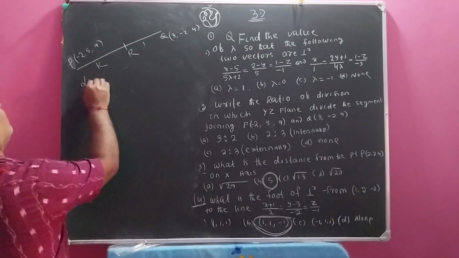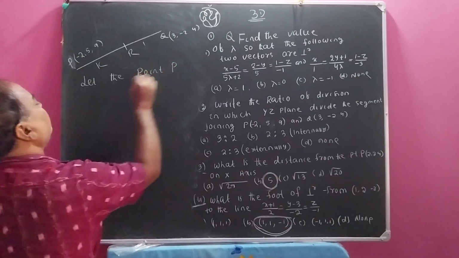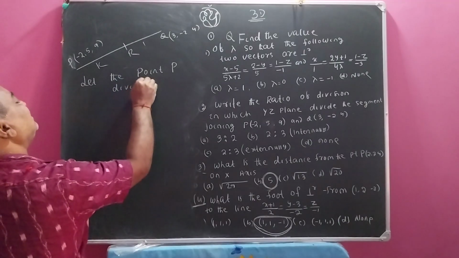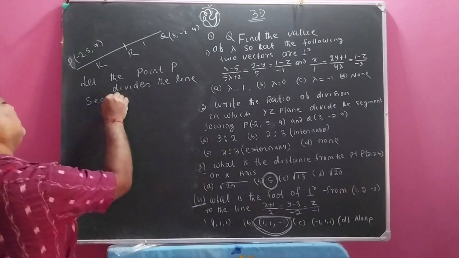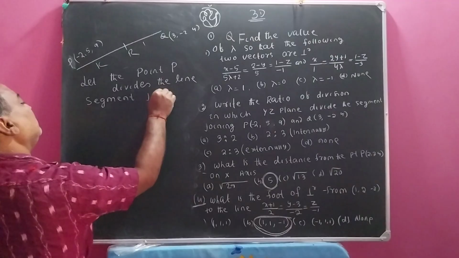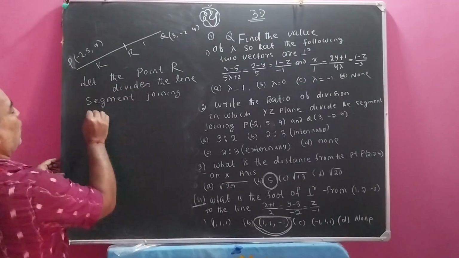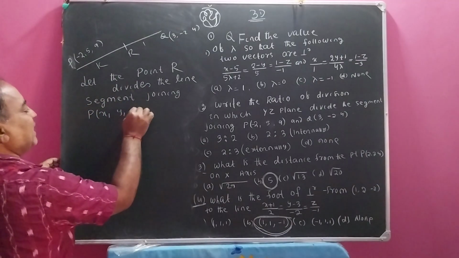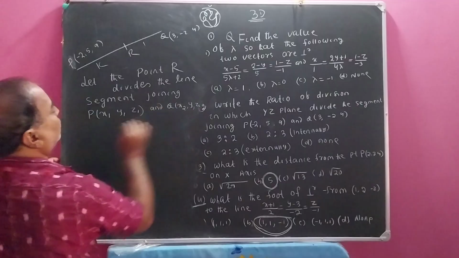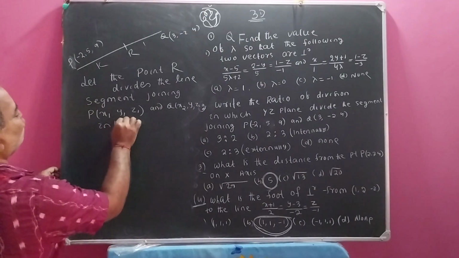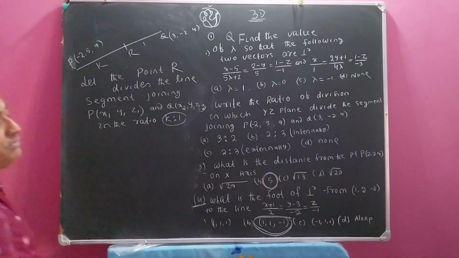Write down: let the point R divide the line segment joining P(x1, y1, z1) and Q(x2, y2, z2) in the ratio k is to 1. Let the ratio of division be k is to 1.